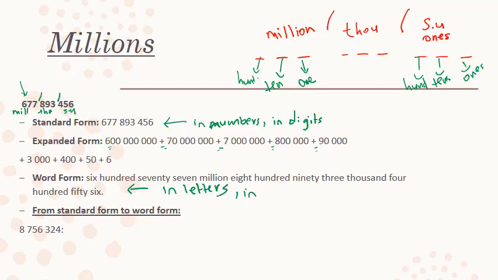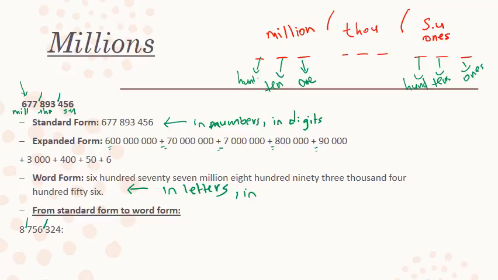Okay? So, look at this, from standard form to word form. So I have a number which is written in standard form, and I need to write it in word form. Listen carefully to the steps. If you follow the steps, you are going to write the number in its correct form. The steps are to decompose first the number into classes.